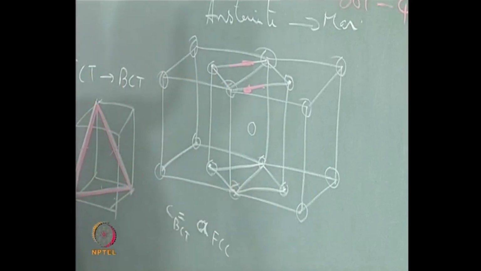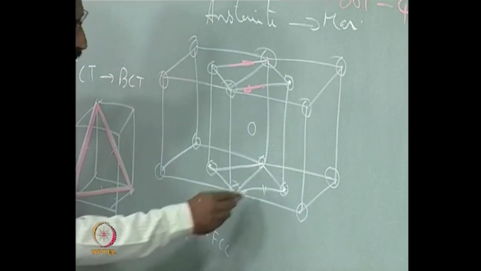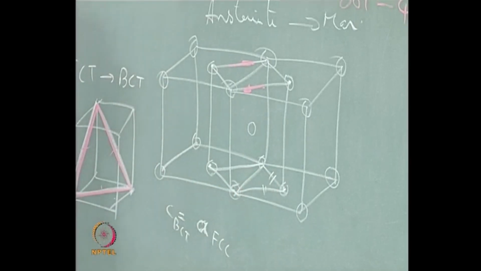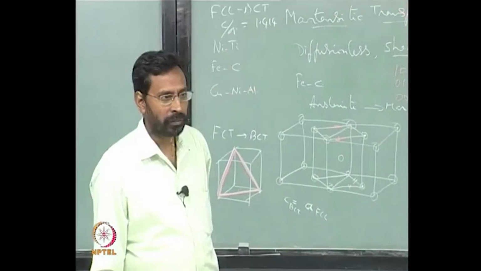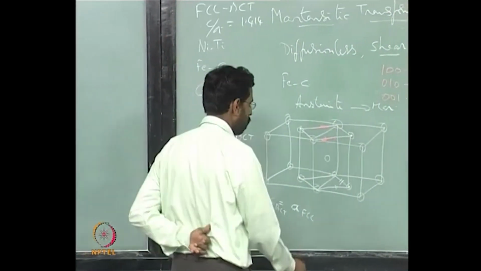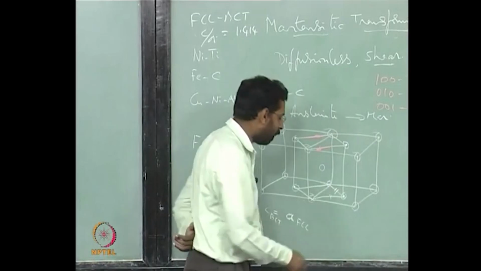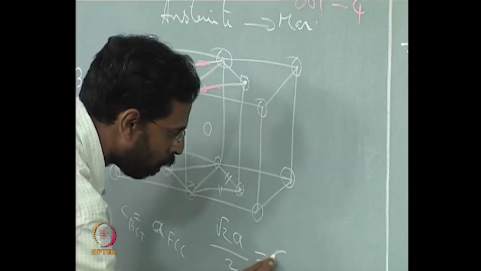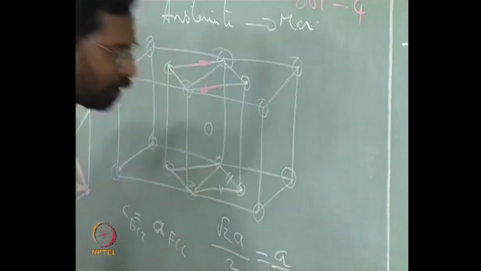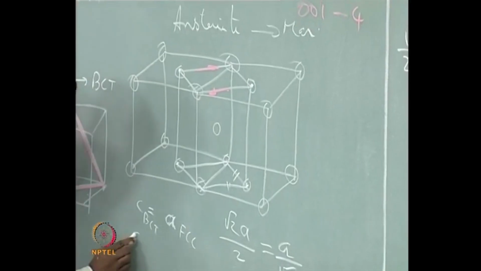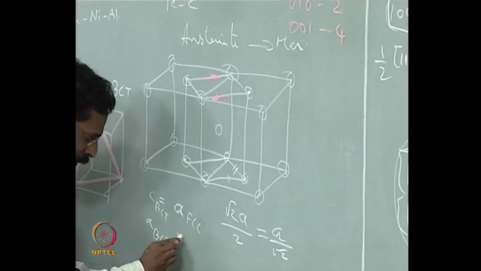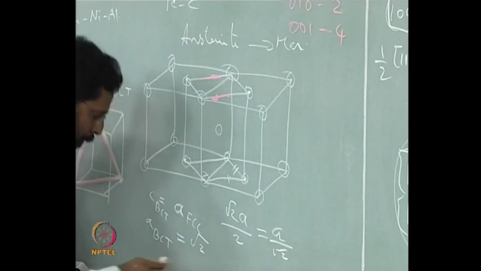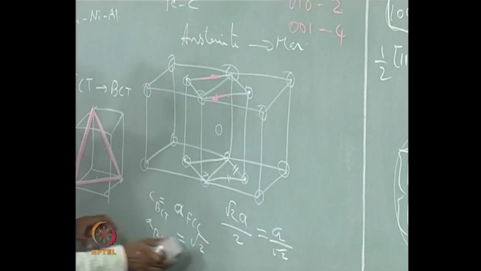The only thing is that the A and B of the BCT are these two, and when you compare with the original FCC structure, they are half of the face diagonal. Face diagonal is root 2 a by 2. So, that means a by root 2.